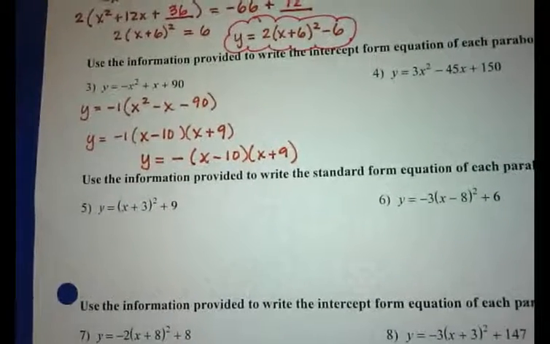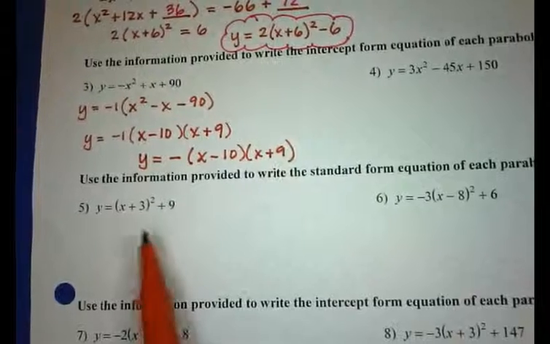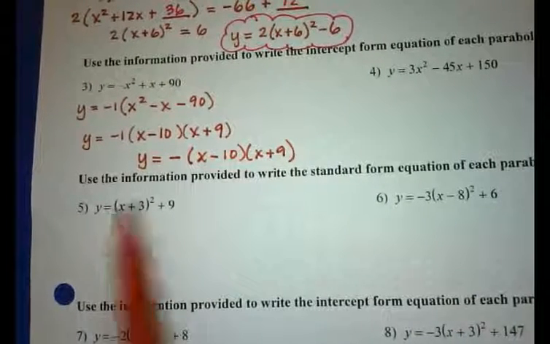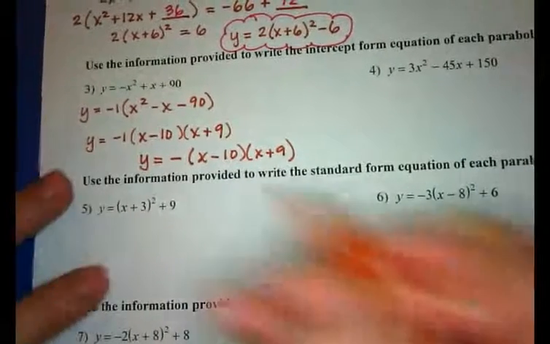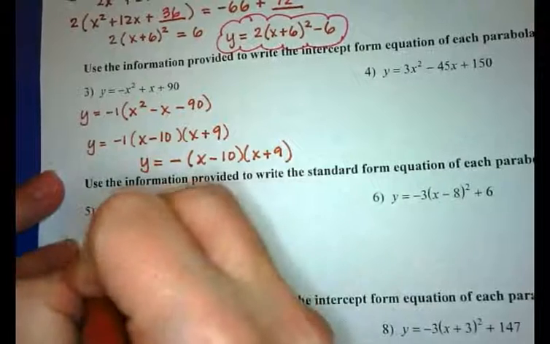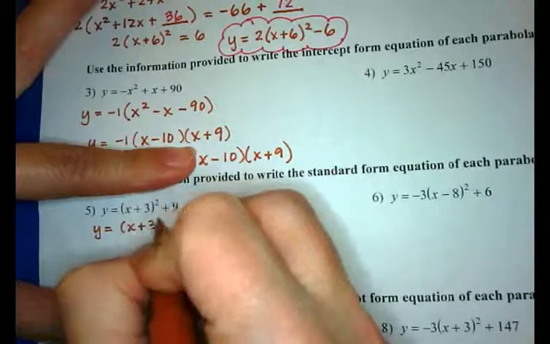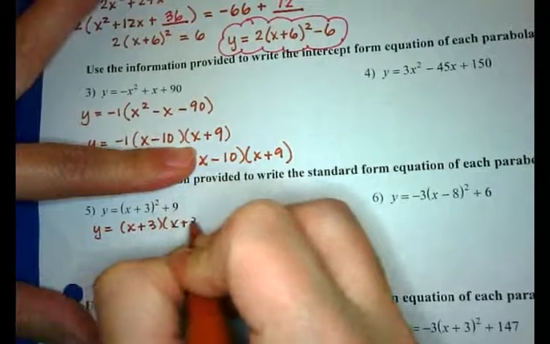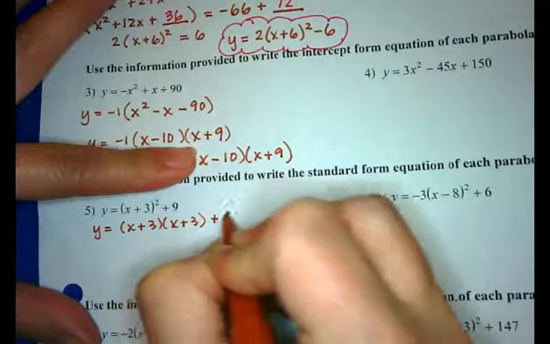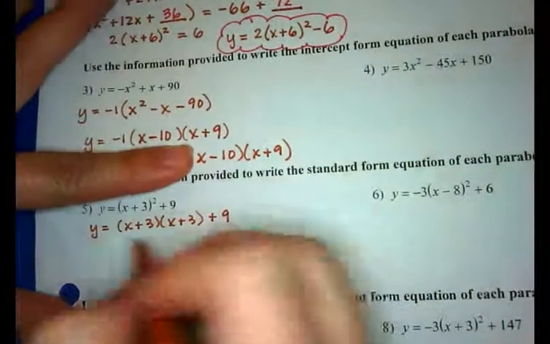Alright, on the next one, standard form. If we want standard form of the equation, what we need to do is get rid of the parentheses. So what I'm going to do first is start by FOILing x plus 3 times x plus 3. And then I'm going to look for like terms.